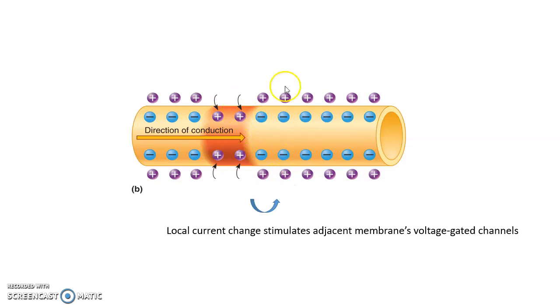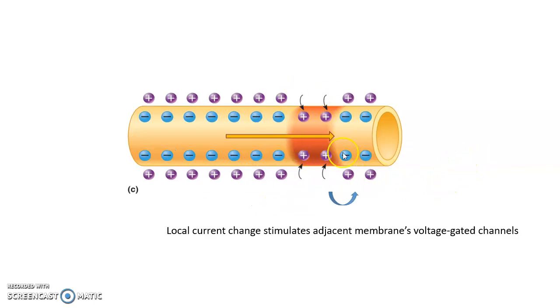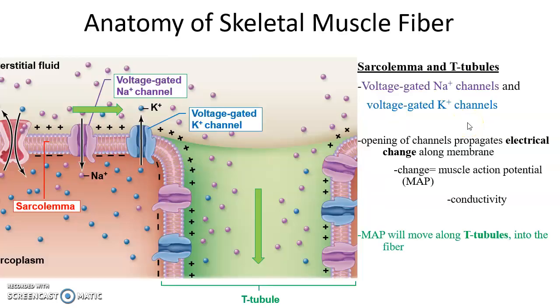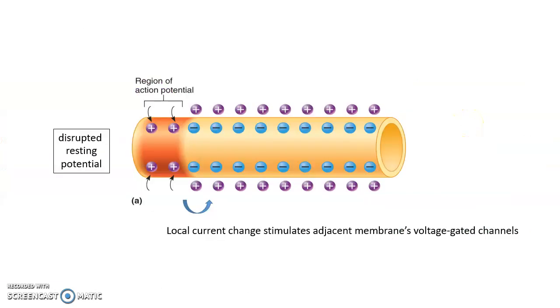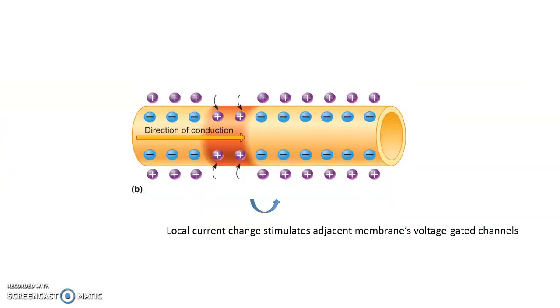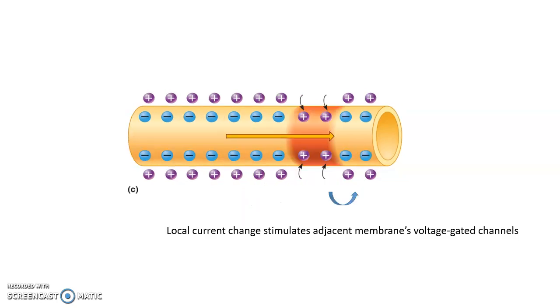It will then stimulate the next neighboring area to have its voltage-gated channels open, and that will cause the charge to travel down the transverse tubule, down along the sarcolemma. So the original change in charge leads to a movement of charge by causing voltage-gated ion channels to open and close along the length of the sarcolemma and also down into the transverse tubules.